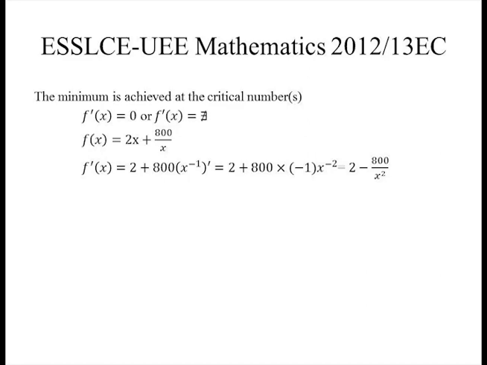F derivative of x doesn't exist at x equal to 0 because x squared is in the denominator, but we already specified that x should be different from 0.